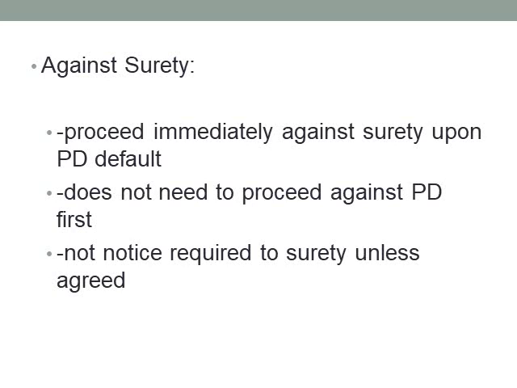And then against the surety, what kind of rights and remedies does the creditor have? They may proceed immediately against the surety upon the debtor's default. They do not need to proceed against the debtor first, and they do not have to provide notice to the surety regarding proceeding against the surety or any notice regarding the default of the debtor, unless they've agreed otherwise.